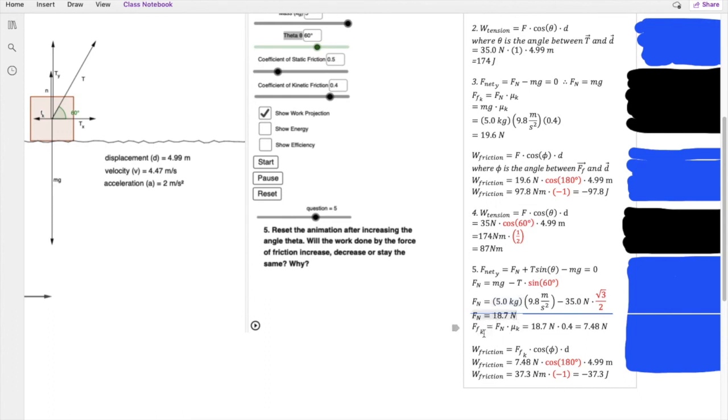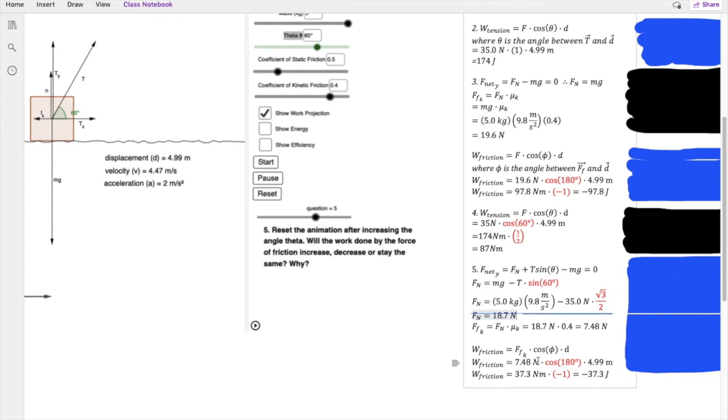Substituting that value into our equation for the force of friction gives us 7.48 newtons. Notice that this is significantly smaller than our original force of friction when the angle theta was 0. Finally, calculating the work done by the force of friction.